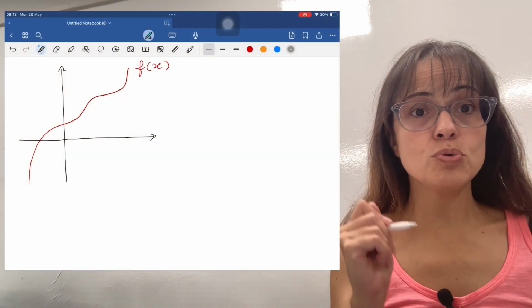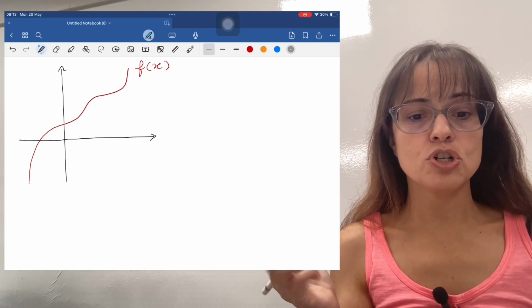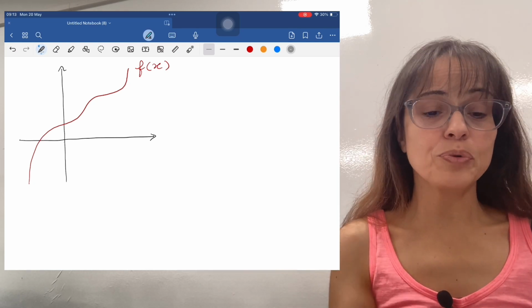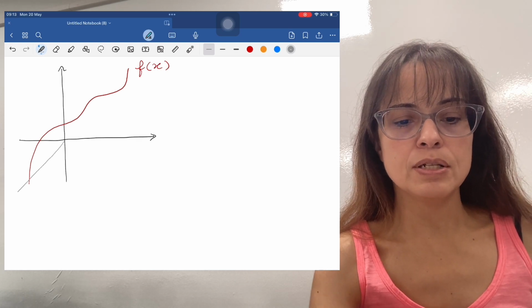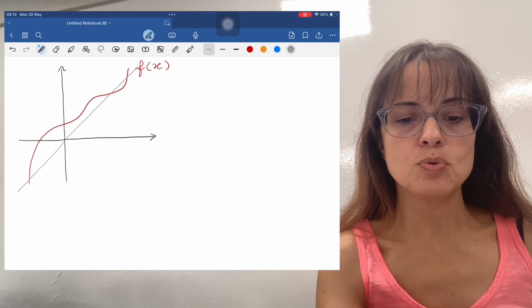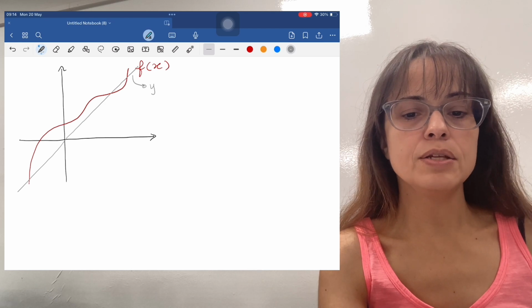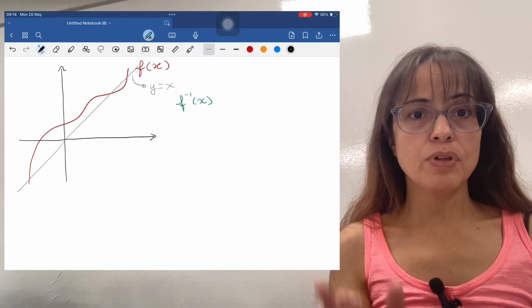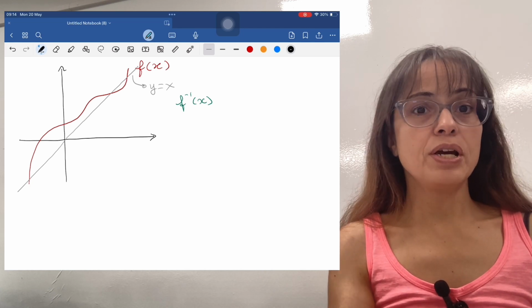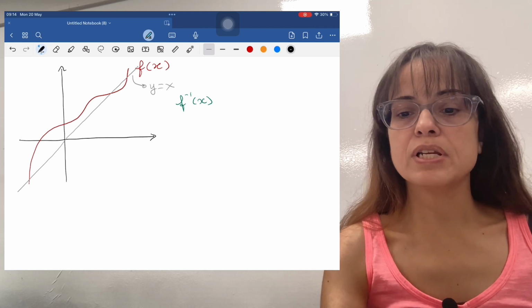In order to sketch the inverse of a function whose graph you already have, what you have to do is to look at the line y equals x, which I'm putting here in gray in the picture. And then what you're going to want to draw is the reflection of the red graph over this y equals x line.